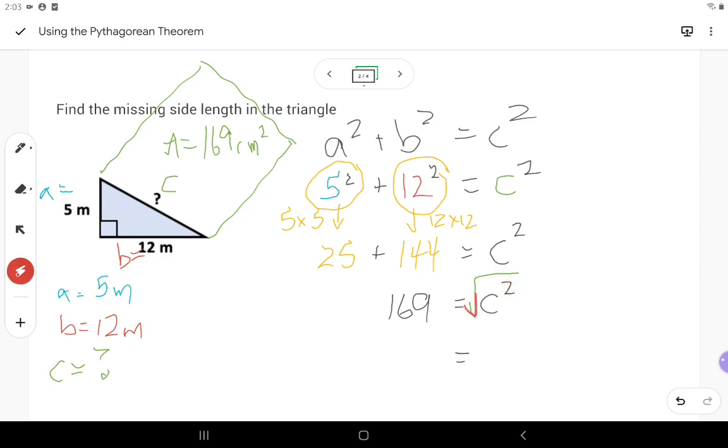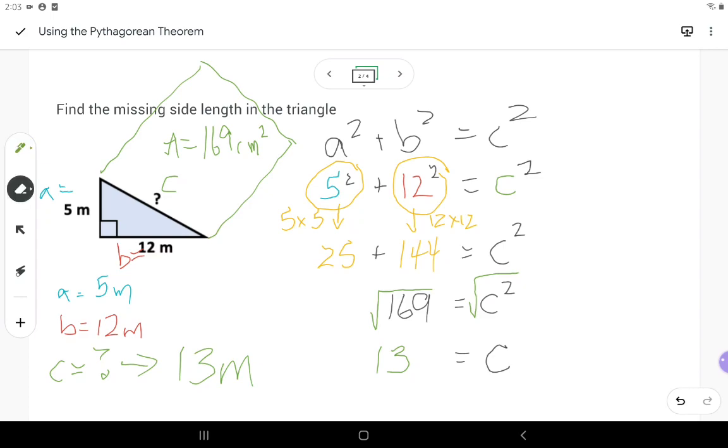So the square root symbol and the exponent of 2 will cancel each other out, and I'm left with just c. But like when we were solving equations, what I do to one side, I must do to the other. Both sides need to be treated equally. And when I take the square root of 169, I get 13. And so we know now that our missing side length must be 13 meters.